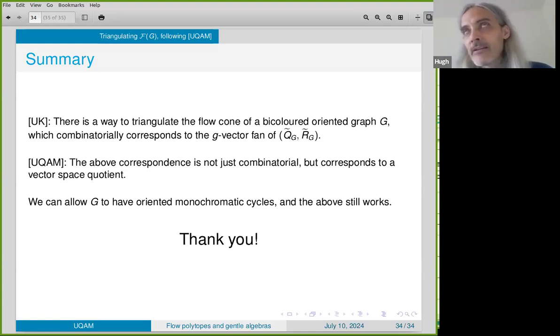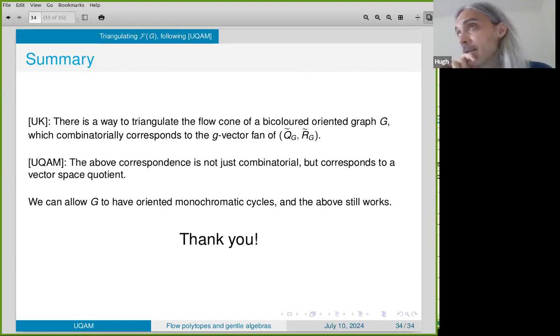And so, in terms of what's gone on so far in this story, that kind of situation has been avoided. We haven't really thought about the situation where the G-vector fan would have infinitely many cones. So that restricts us to the situation of finite type cluster algebras.